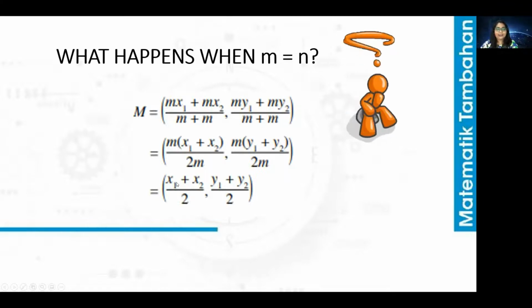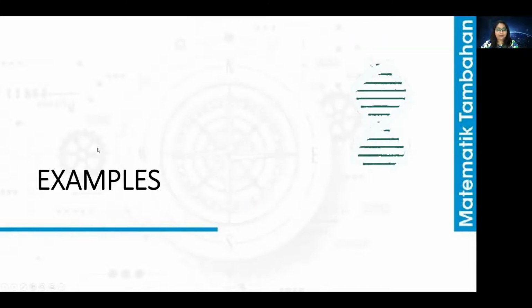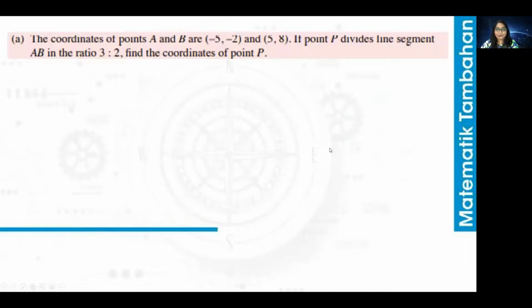We get ((x1 plus x2) over 2, (y1 plus y2) over 2). Therefore, when m equals n, the point that is dividing the line segment is the midpoint. All right? Now, let's use all these pieces of information to solve the next example.